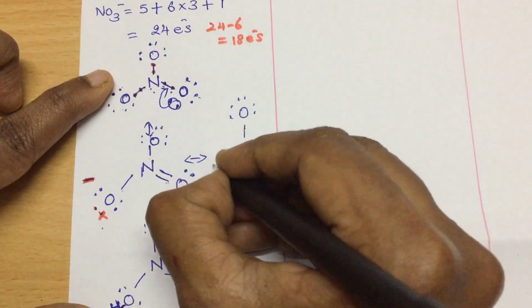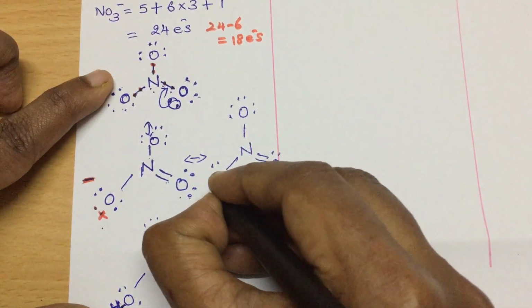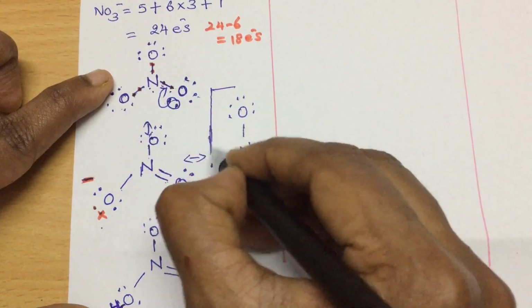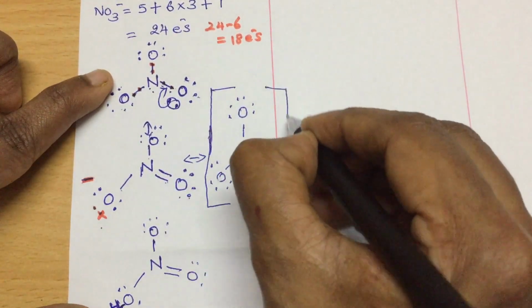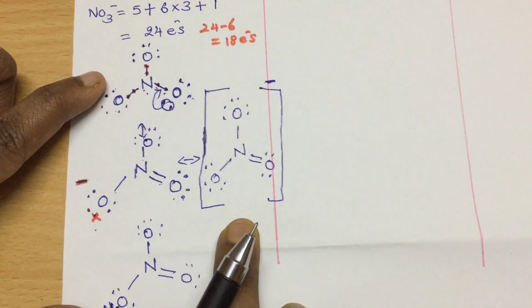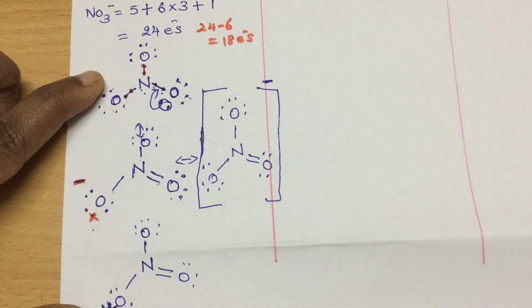So this oxygen has 6 electrons. The whole charge will be on the molecule, since it is in resonance.